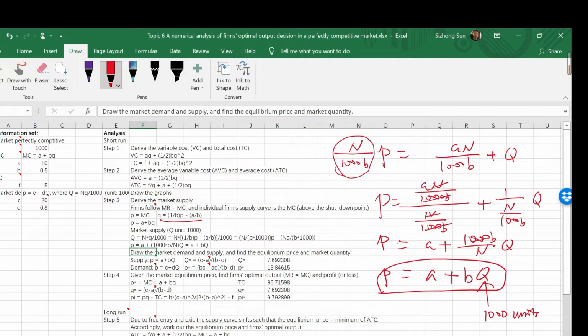equals demand, work out the equilibrium price and the market equilibrium quantities graphically. But let's do it numerically. Let's do it analytically, actually.